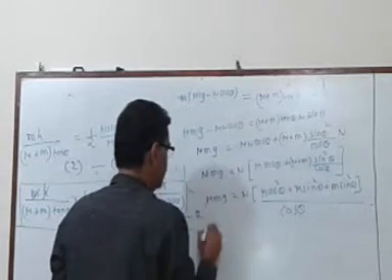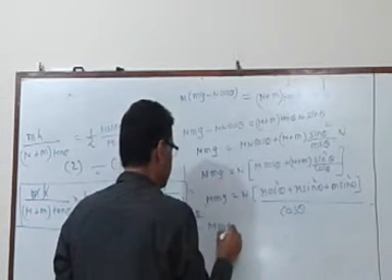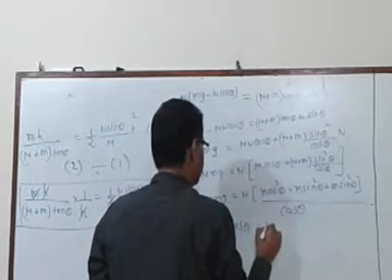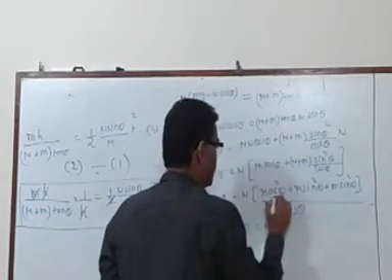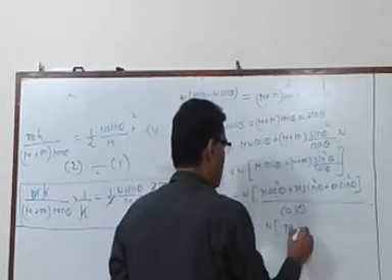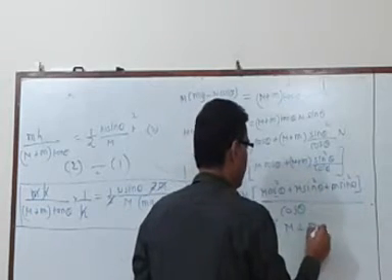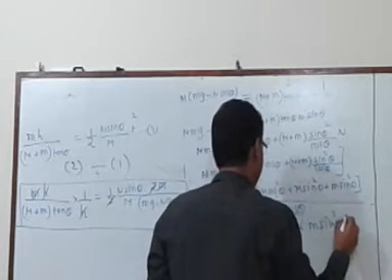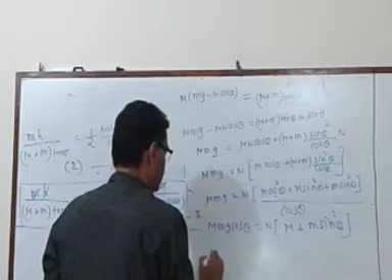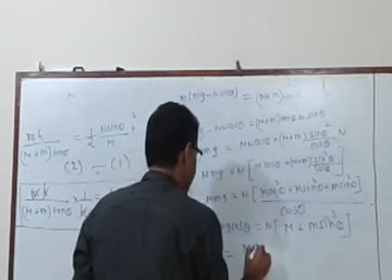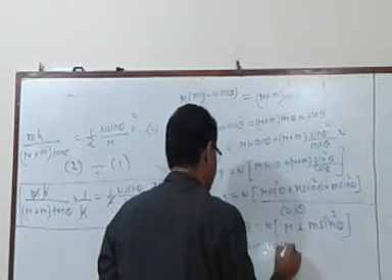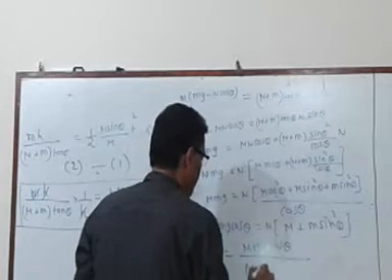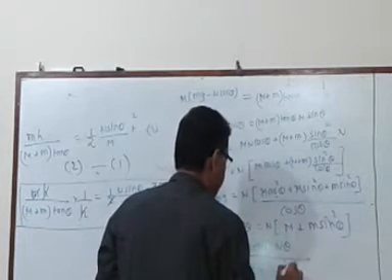The cos theta will transfer on this side. Cos square theta plus sin square is 1. Capital M will come common. Here we will have m sin square theta. And that gives you the final expression of N as Mmg cos theta upon capital M plus small m sin square theta.